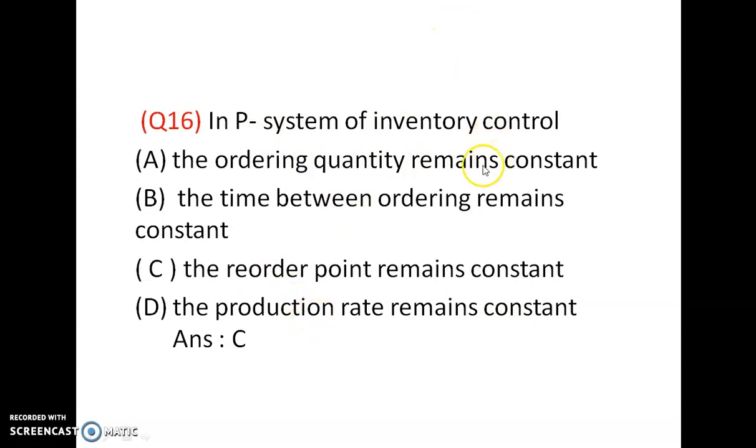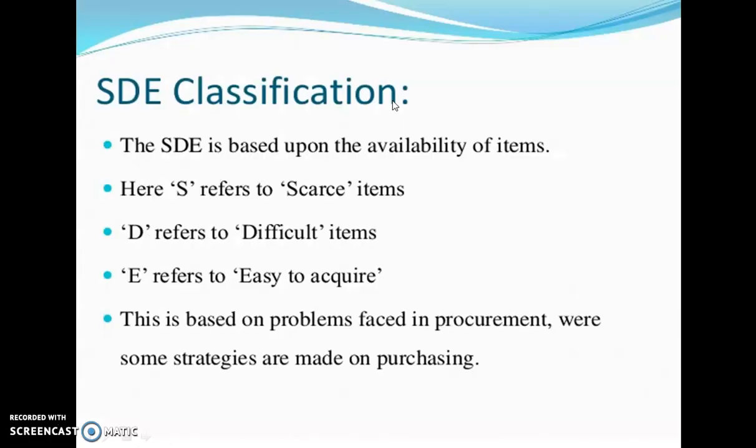It is not the Q system. The Q system is an economic order quantity system, ordering at regular intervals, but the reorder point does not remain constant. The production rate remains constant. All other things are correct. Reorder point does not remain constant in P system of inventory control.